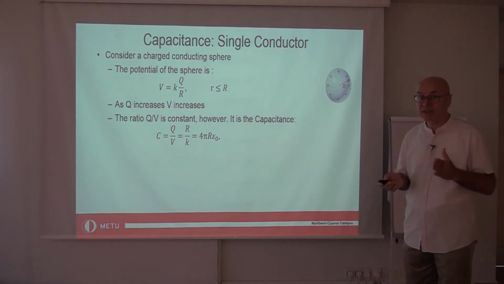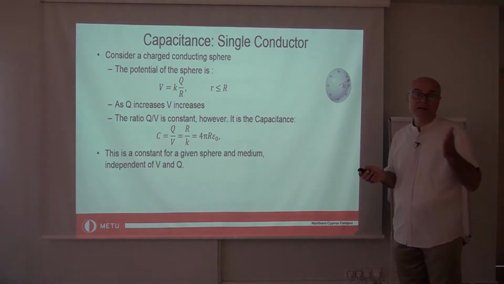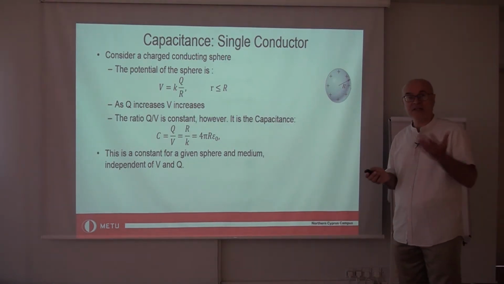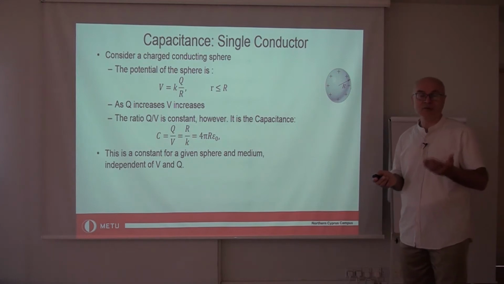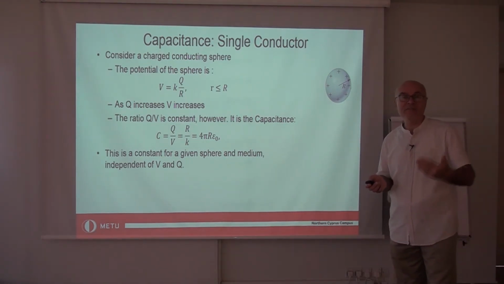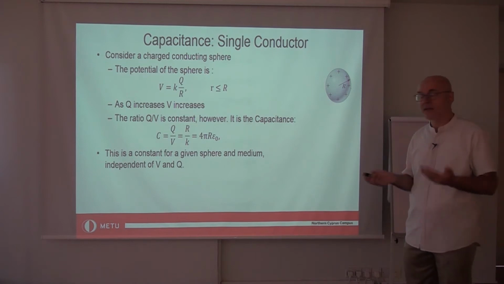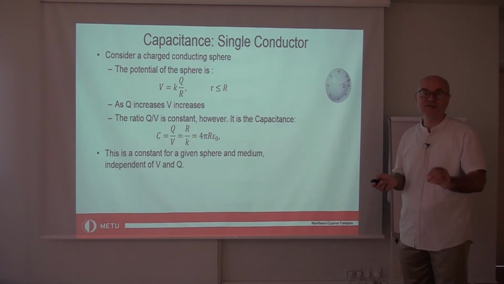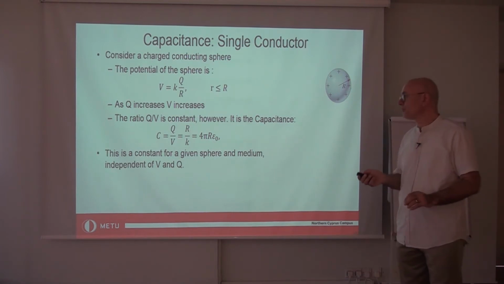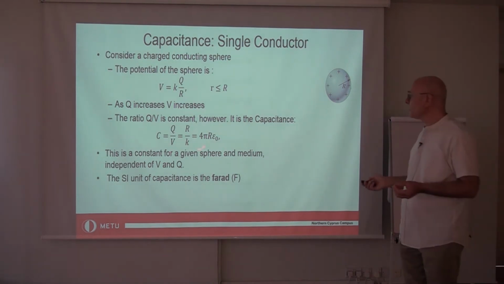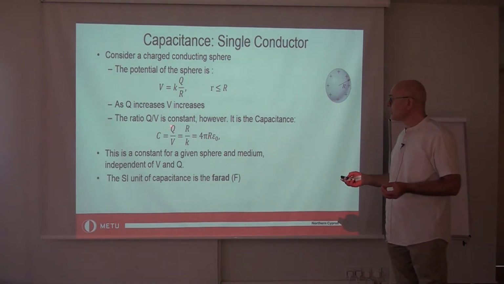And it is independent of V or Q. So you cannot change the capacitance by changing V and Q. Actually, it is the proportionality constant between V and Q, and it is constant for a given device in a given medium.